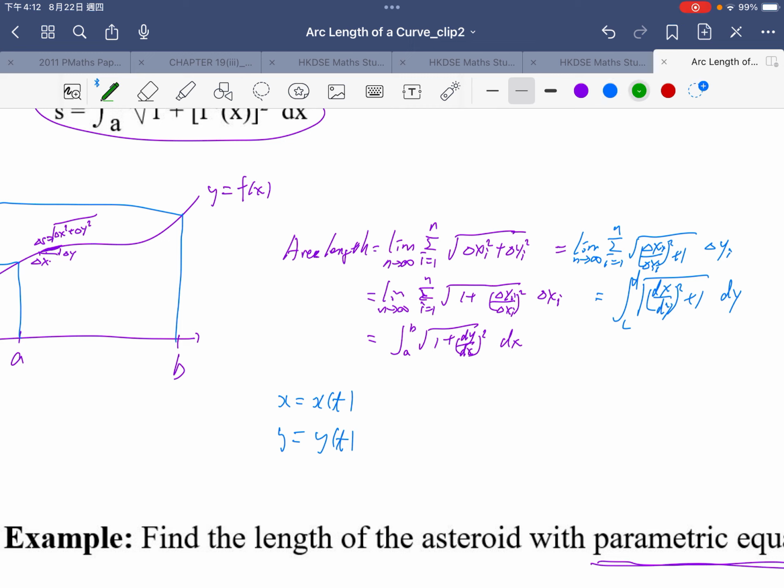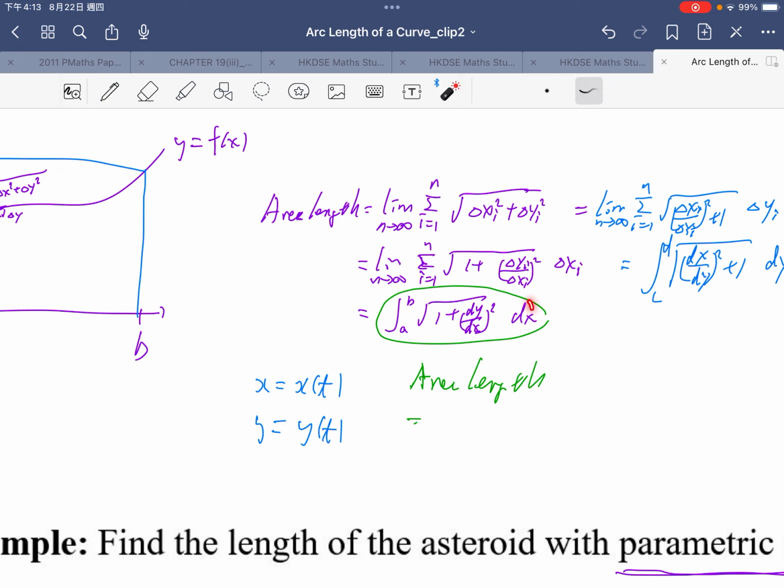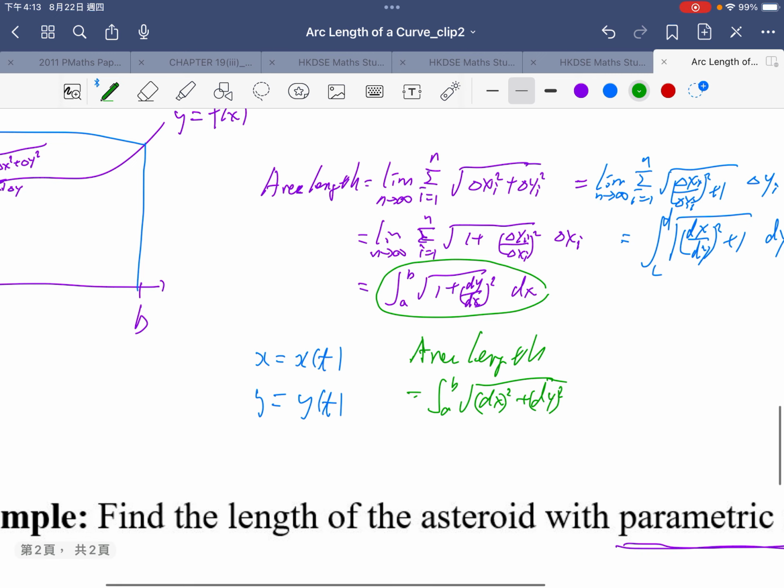I use another color, also green. The arc length can be written in this form. I move this into the original format, the integral from A to B of the square root of delta x squared plus delta y squared.